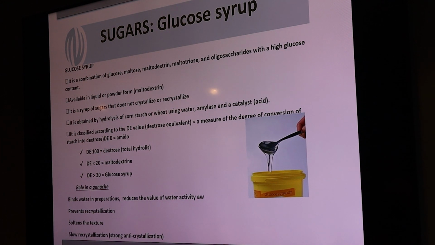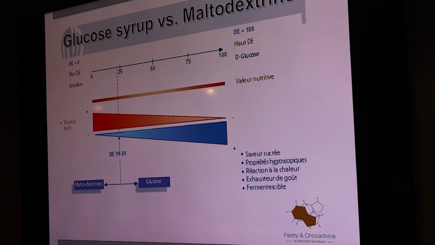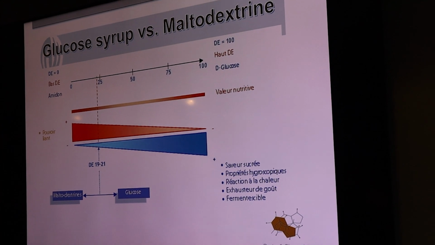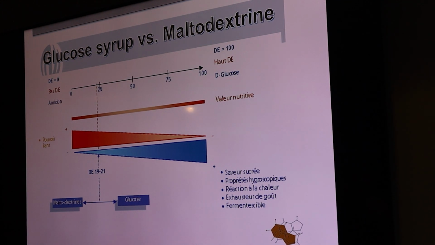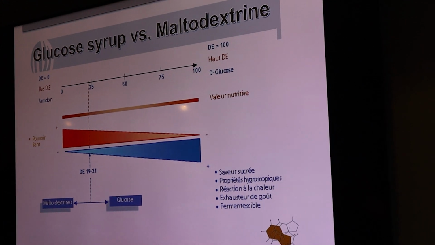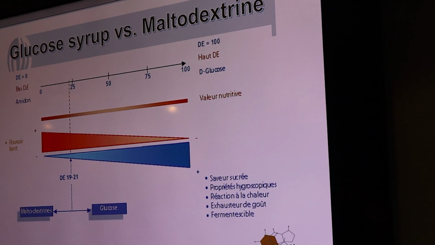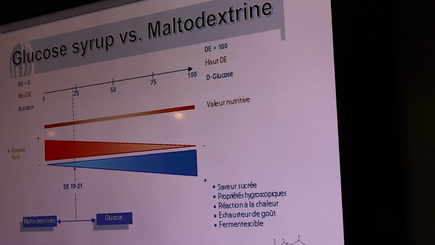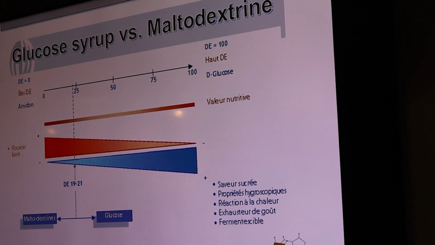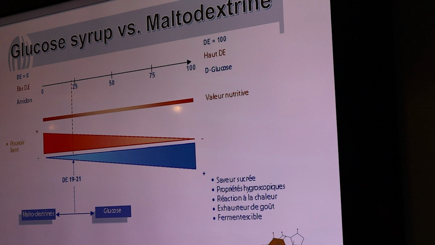Okay. But again, just to know that the impact and consideration of the amount of glucose in the ganache is quite important. And here you can see the process, because if you have maltodextrin, I know maybe normally you're not using maltodextrin in your ganache, but maltodextrin is optimized when you have fat in your recipe, because maltodextrin interacts both with the fat but also with the free water in your ganache.